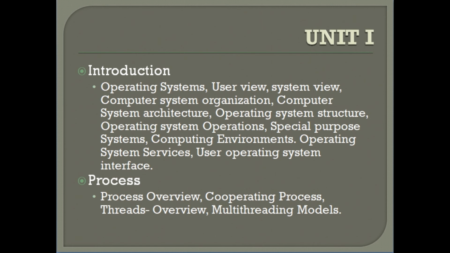Operating systems for special purpose systems are different from general purpose operating systems, so there is a bit of difference. We will study what types of operating systems are used there, and by looking at this we will understand why we have so many types of operating systems in the world.